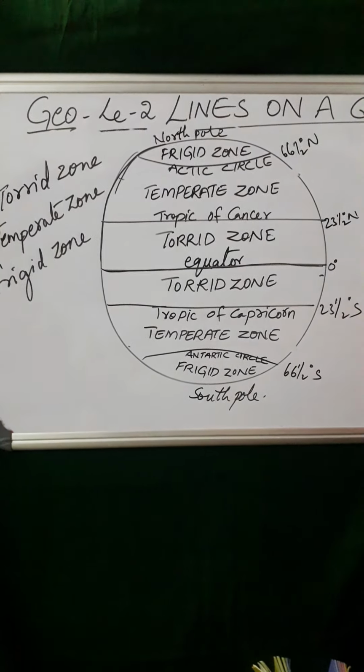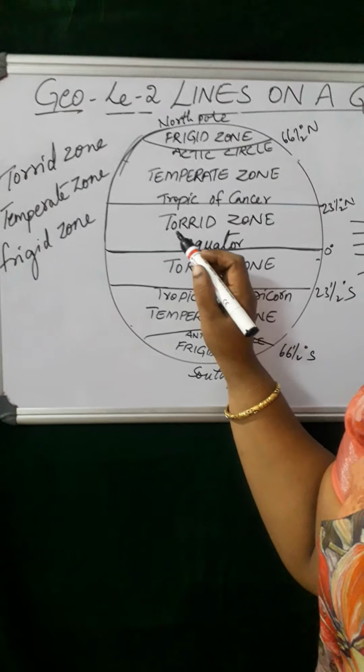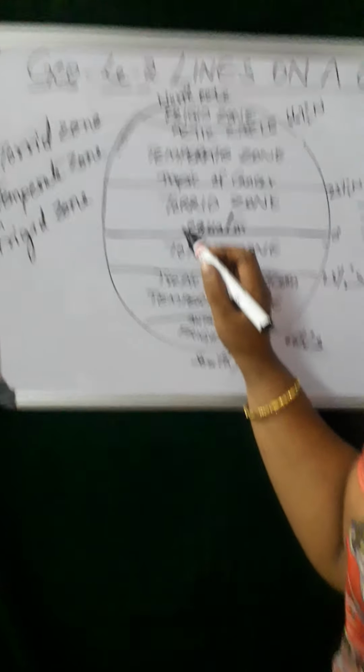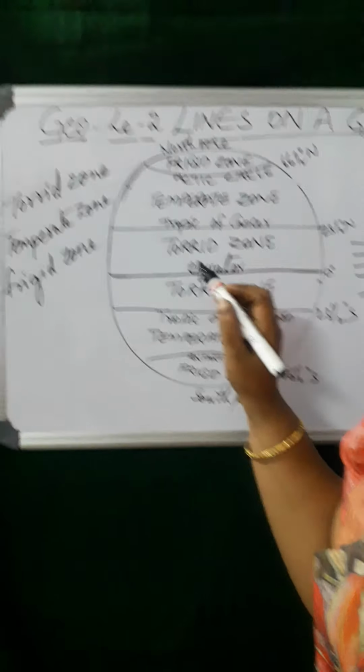So the temperature in the torrid zone is very hot. The places located from the equator to the Tropic of Cancer, and from the equator to the Tropic of Capricorn, come under the torrid zone, and the rays of the sun fall directly on it, so it experiences very hot temperature.